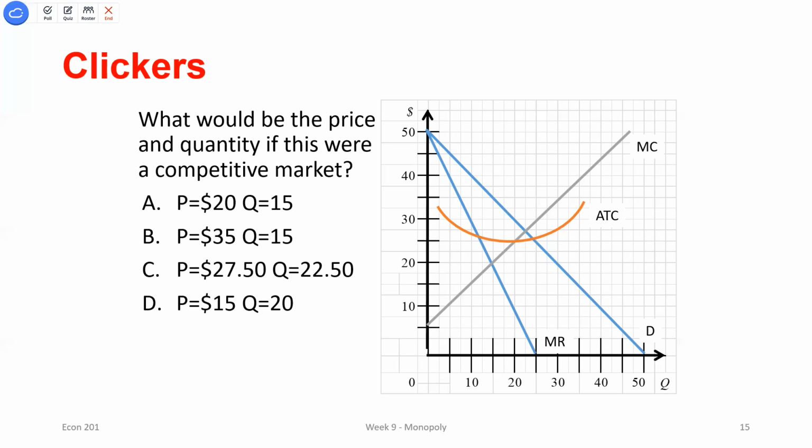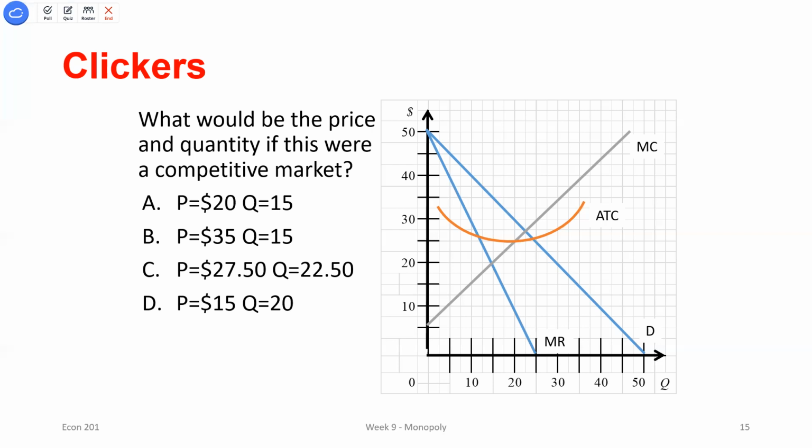Remember, demand always represents marginal benefit. Supply reflects marginal cost. Supply usually reflects the marginal cost of every company, but here we've got one company, so their marginal cost curve is essentially the supply curve. They're only going to provide these first 5 units if the price is 10 or higher. Then they'll provide up to 10 units when the price is 15 or higher, and so forth. So that marginal cost curve is essentially our supply curve.